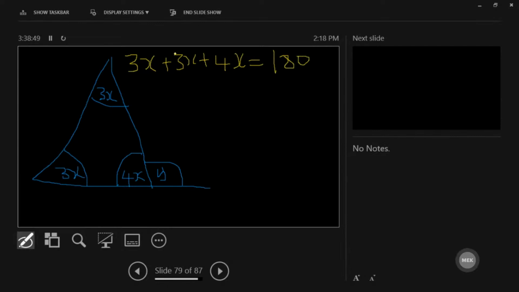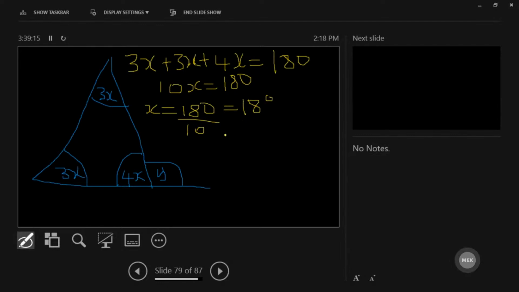And Zion is saying when we simplify this and combine the like terms, add the x's, 3 plus 3 plus 4, that gives 10x. So if 10x is 180, then x is 180 divided by 10, which is 18 degrees. But that's just x.